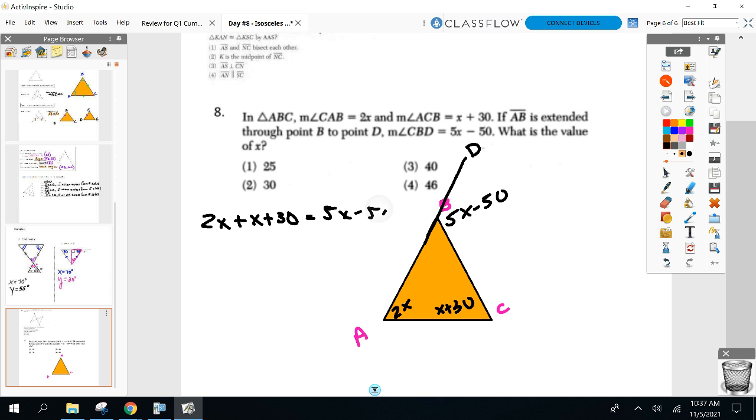Good work. Exterior angle is equal to the sum of the two remotes. That's what we went over this unit. Good work, good work. All right, go ahead and solve for x. I don't need to hold your hand for that one.